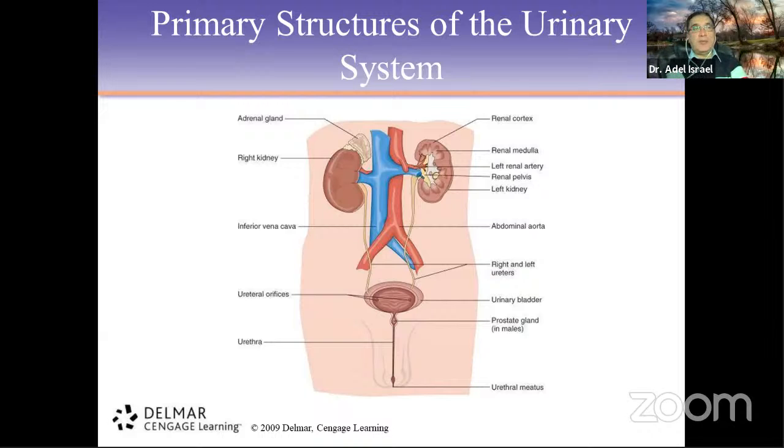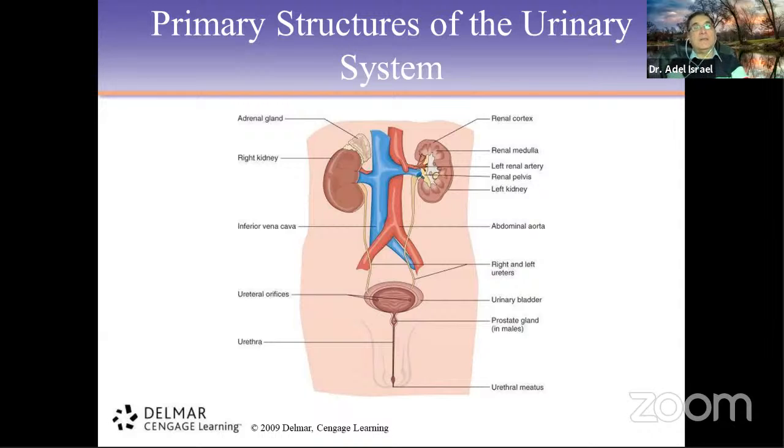But the majority of people have 2 kidneys, right and left. And if you look at this diagram, you have to notice, guys, that the right kidney is a little bit lower in level than the left kidney.